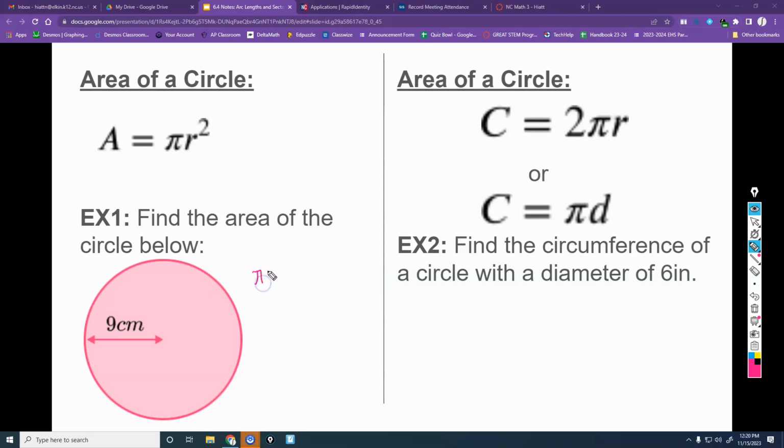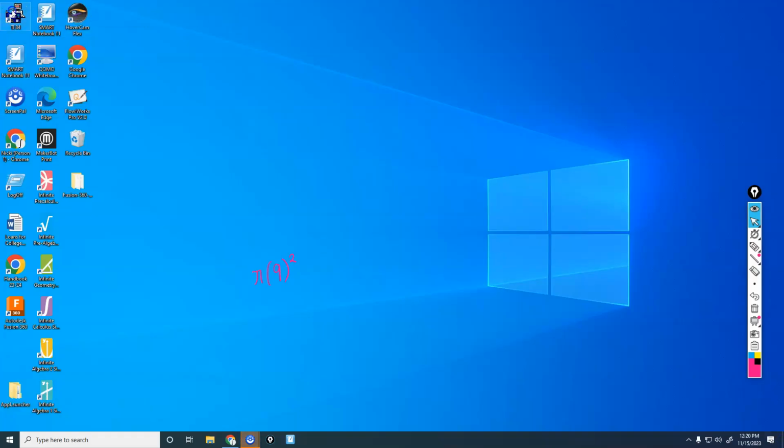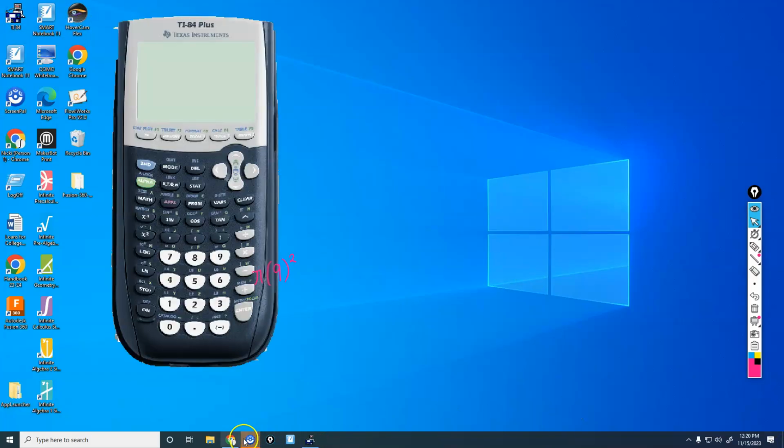So if we want to find the area of this circle below, all we have to do is pi times our radius, which is 9, squared, and we will type it into the calculator.